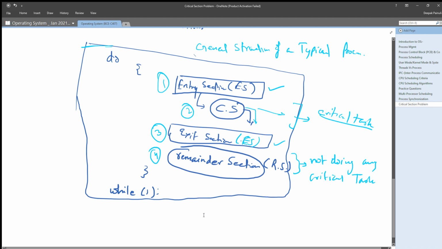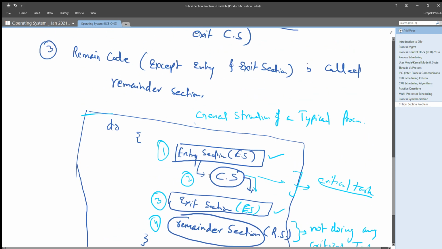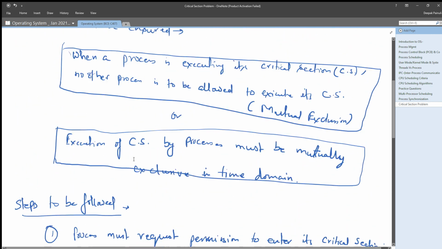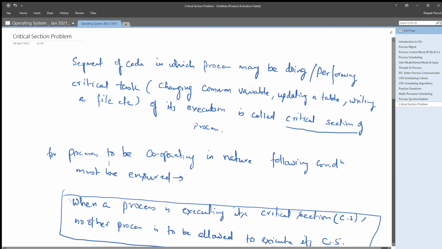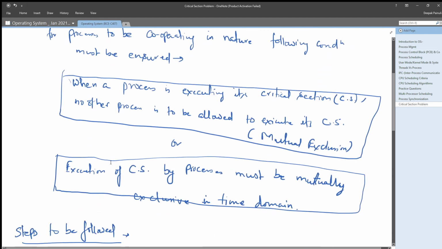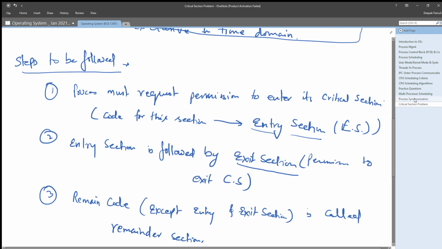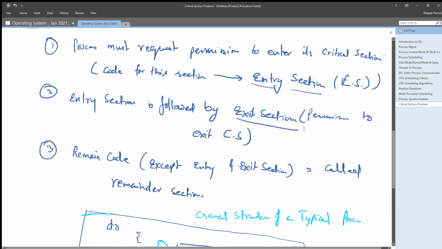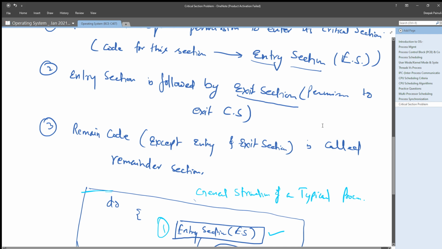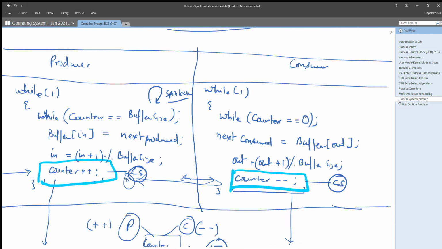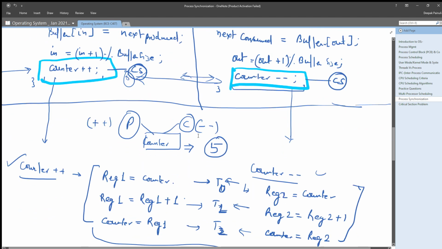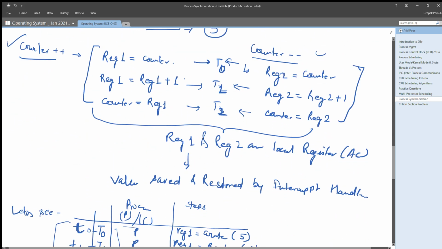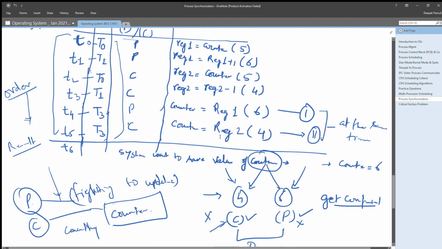Now I think you understood the critical section problem. The critical section problem states that if at any moment two processes execute their critical sections at the same time, then there will be some conflict, which leads to inconsistent values of a particular variable.